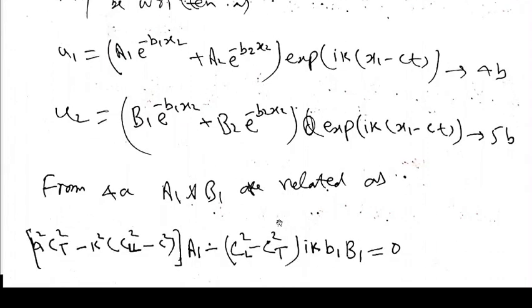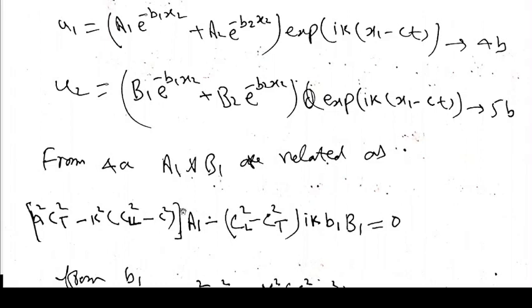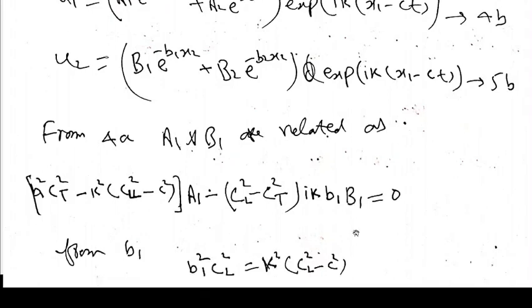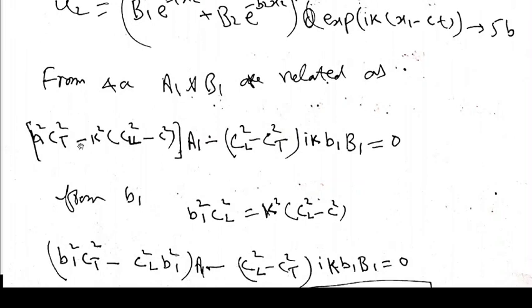So with the help of 4a, you can write instead of b, b1, a1, b1, b1. Simplify this. You can write this from the value of b1. You will use b1.